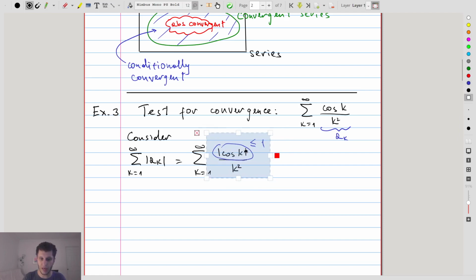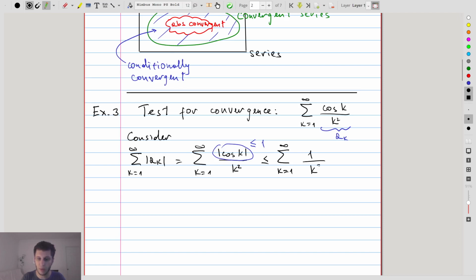To use that, we're going to invoke the comparison test. Because the numerator is at most 1, and this is a series with non-negative terms, we can estimate it from above by replacing the absolute value of cosine with 1.